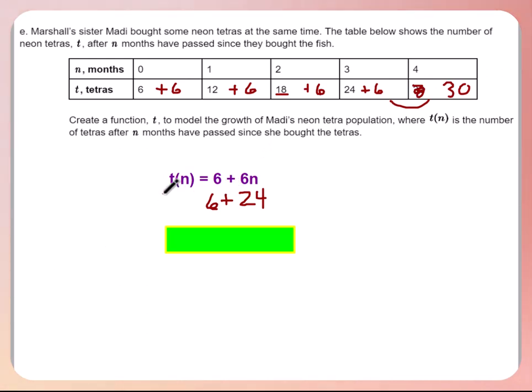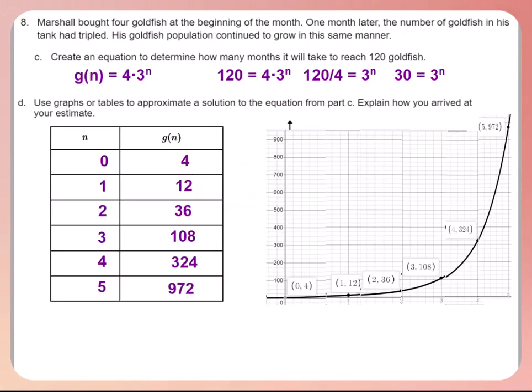All right, and this is how we write the equation. In a linear function like this, we start with the initial amount and then we add something. So we're adding 6. We're going to multiply that times n. In an exponential function, we start out with amount and then we multiply. In this case, we were multiplying by 3 each time.